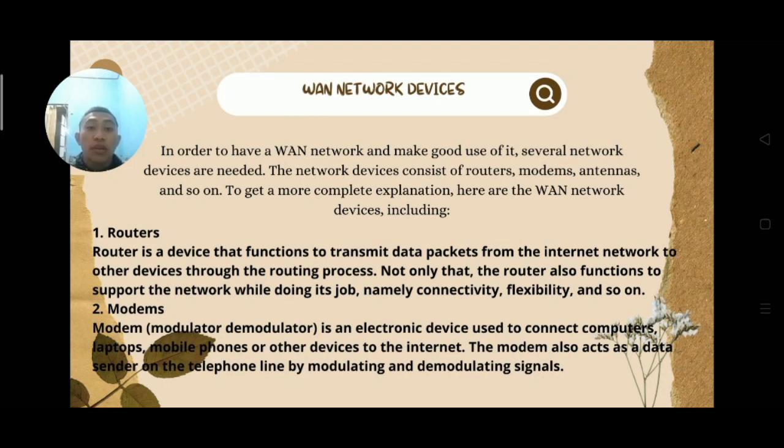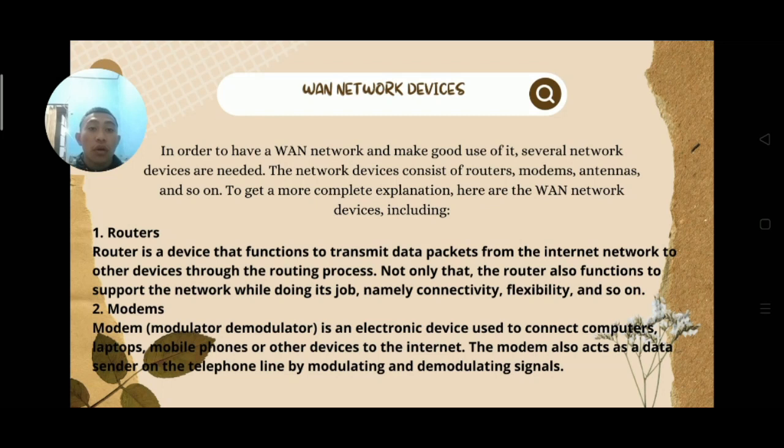Router is a device that functions to transmit data packets from the internet network to other devices through the routing process. Not only that, the router also functions to support the network while doing its job, namely connectivity, flexibility, and so on.